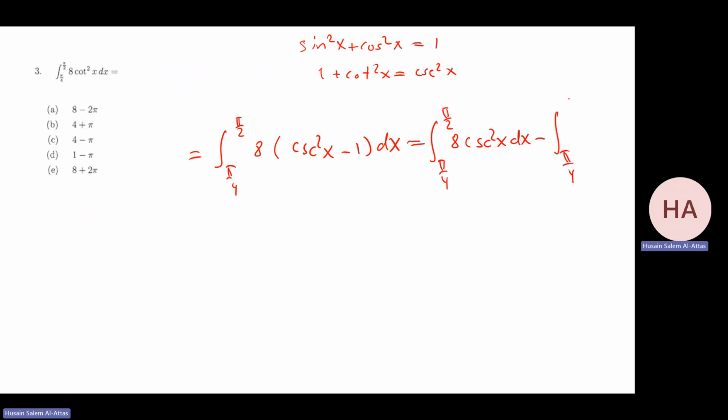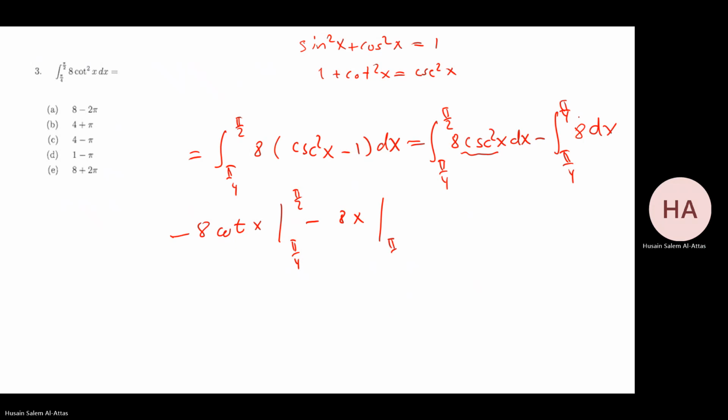I'm doing it in details, huh? Minus the integral of 8 dx, so minus 8x. The minus sign is already there. Okay, so what is the integral of this? That will be minus 8 cotan x from this to this, minus 8x from this to this.